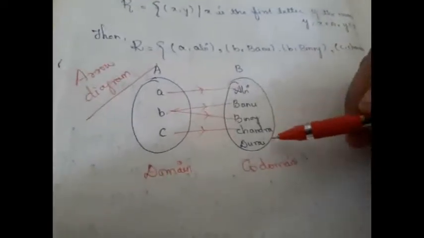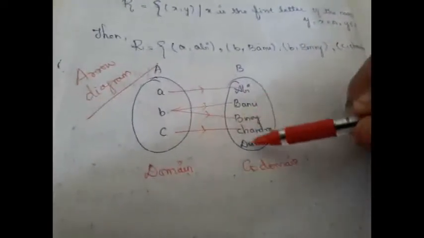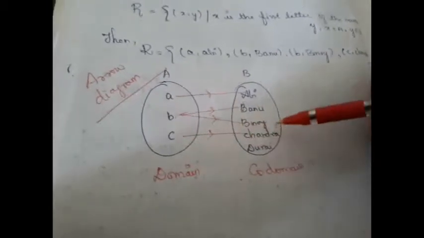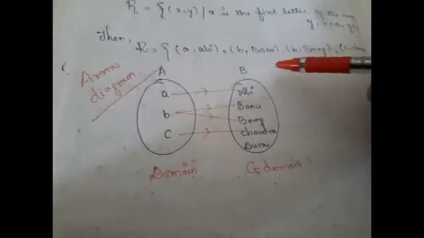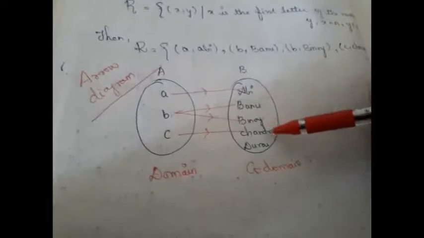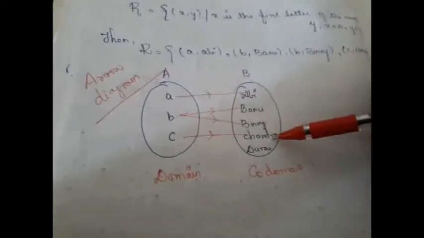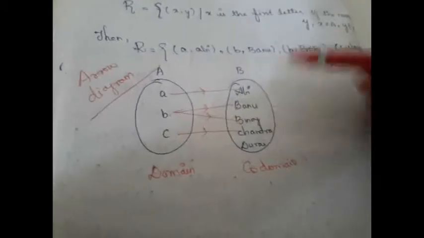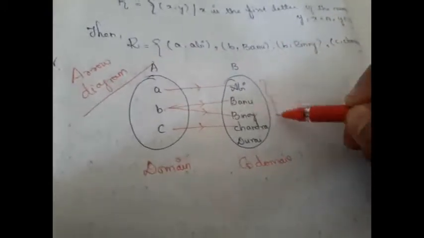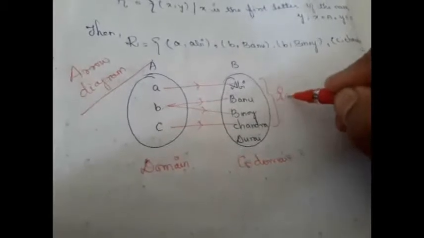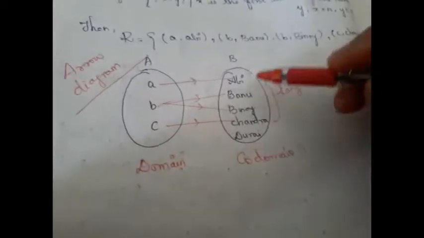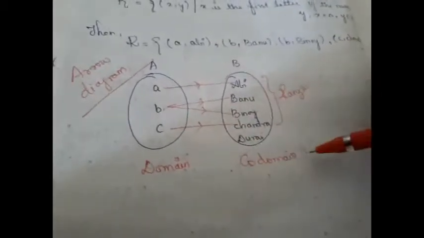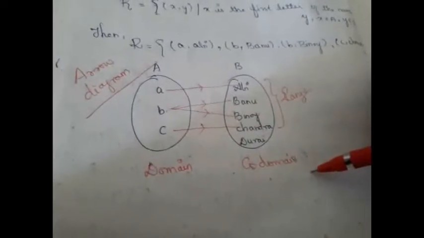And if you see this cleanly, you can understand that not all the elements of set B come under this relation. Actually, we have 5 elements under set B, but under this relation we got only 4 elements, right? So these 4 elements alone are called the range. But the entire set is called the codomain.